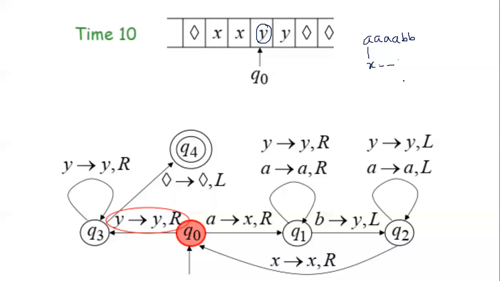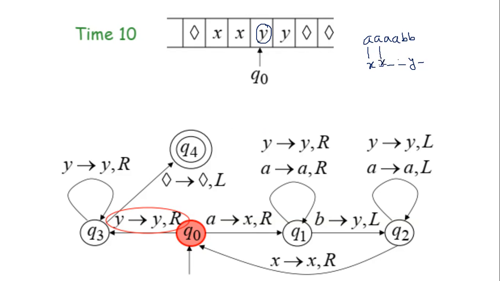So what will happen? Let's see. The first A converted to X, fine. Then the other 3 A's remain the same, and then this first B is converted to Y, right? The second B remains the same. Then I'll come here. This second A now will be converted to X, and the third and fourth A remain the same.